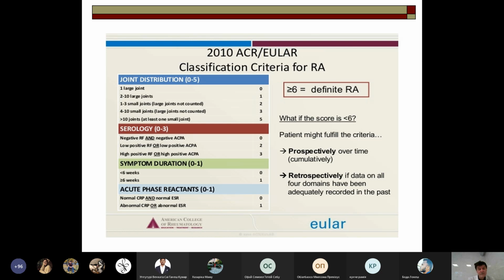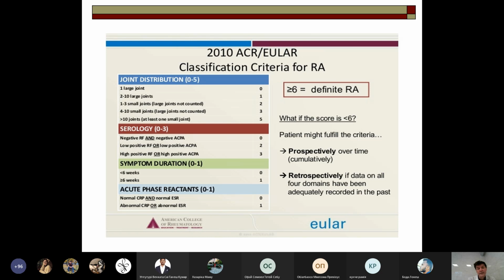And the acute phase reactants, CRP or high-sensitivity C-reactive protein, can be applied for these patients, and individuals having abnormal CRP or abnormal ESR might have 1 point instead of the normal ones having 0 points.